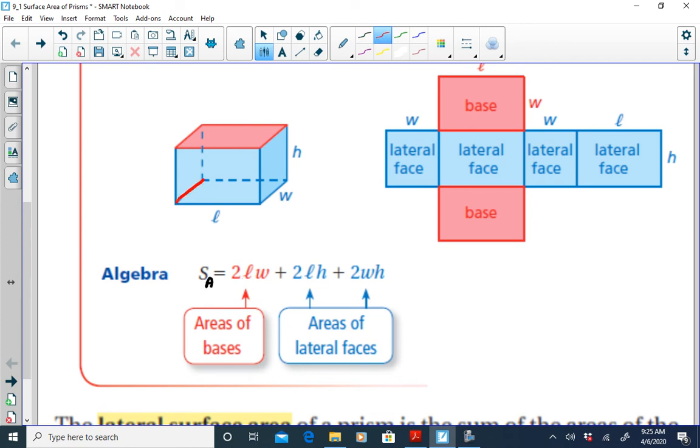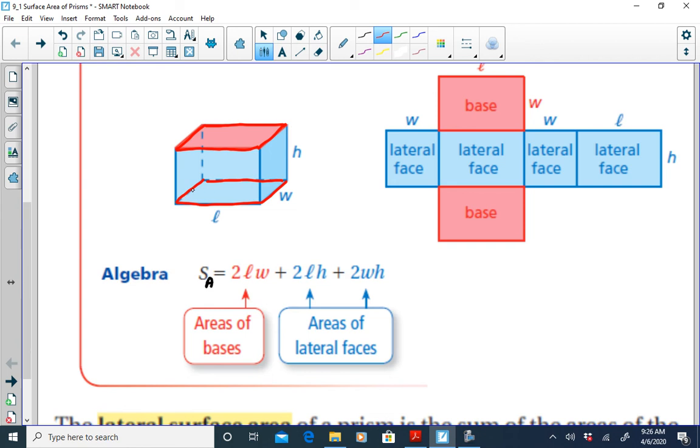If you look at this picture here, I'm outlining the base of the rectangular prism. Your bases are the two parallel congruent faces. Now with a rectangular prism, theoretically you can make any of the two opposite sides bases. You really can.